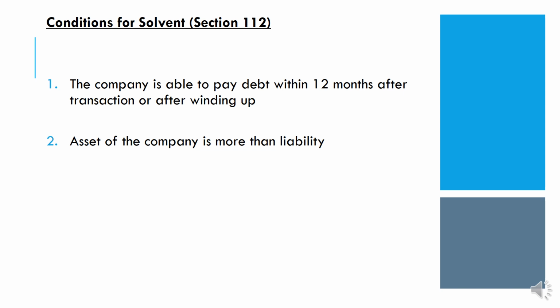So it shows that the company is solvent. The company has a lot of money. Even though the company does a share buyback, purchasing back the shares, it is still able to pay 12 months of debts after purchasing the shares, and the company can show that after the share buyback, the asset of the company is more than all the debts of the company.